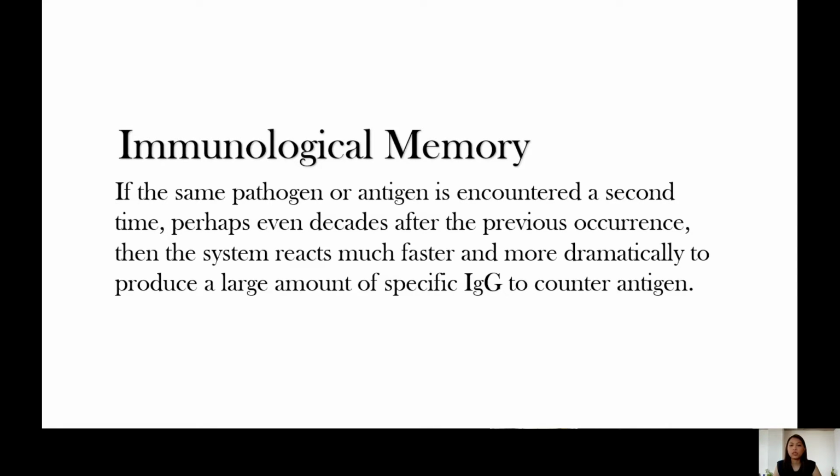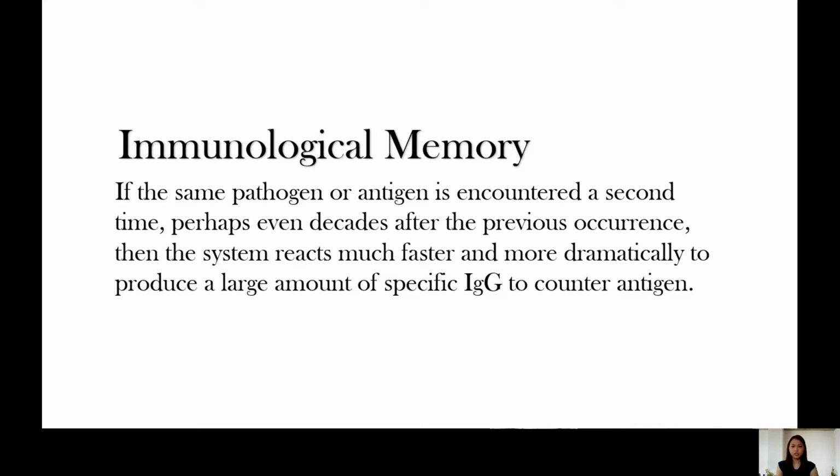The system will now react much faster and more dramatically to produce a large amount of specific IgG to encounter the antigen. So that is how amazing the memory of our immune system is. Even after a very long period of time, it can still recognize if it is the second time.